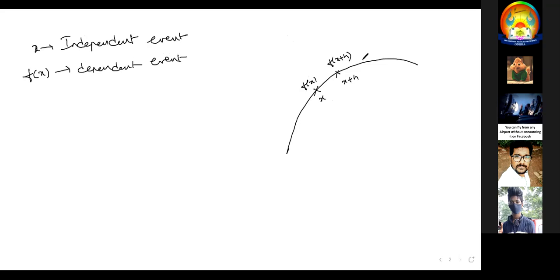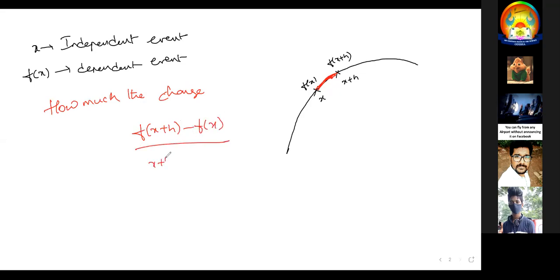Now when I'm moving from here to here, is there a change in the dependent event or not? Meaning f of x is changed to f of x plus h. Yes, there is a change. Now I'll ask how much is the change? Then you should say, master, the change is f of x plus h minus f of x by x plus h minus x.